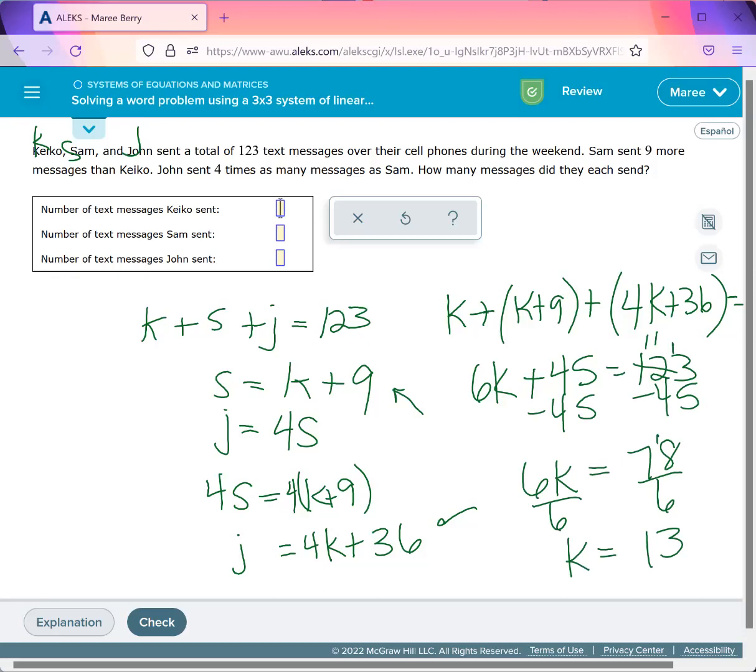So we'll go ahead and type that in. And then to find out Sam, we're going to add 9 to 13. So that's 22. And then to find John's, we multiply 22 by 4, which is 88.